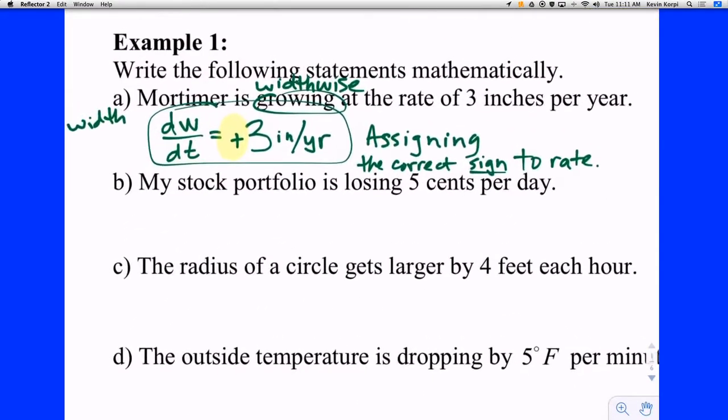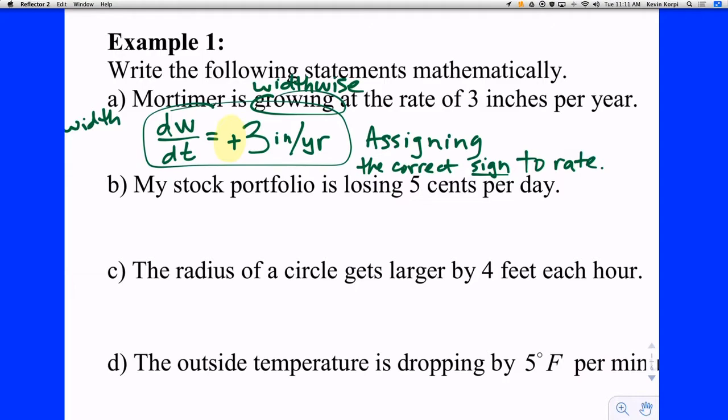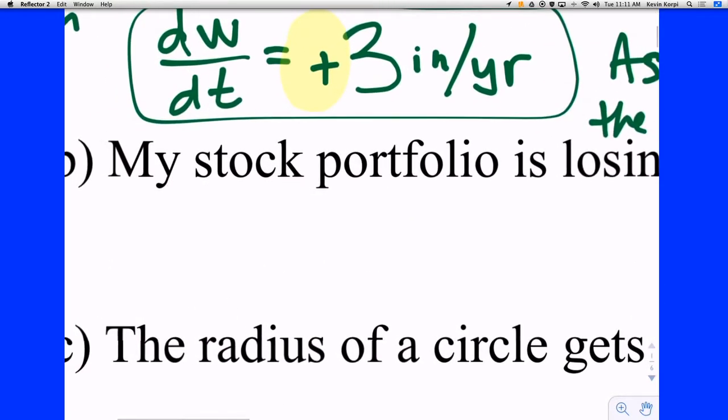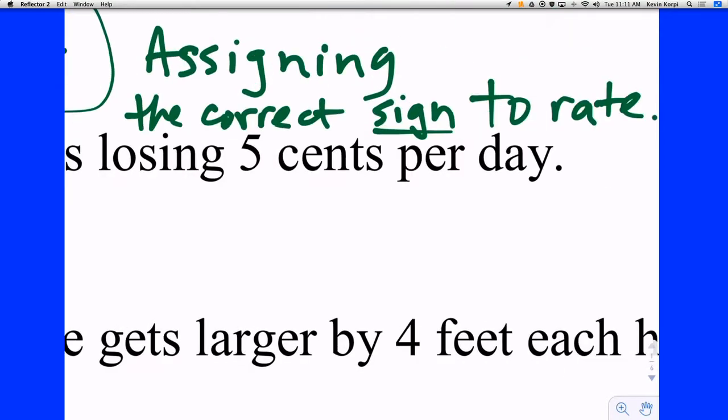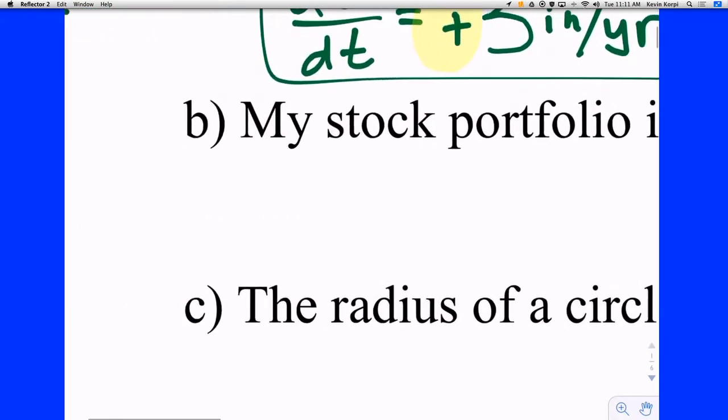All right, next one. My stock portfolio is losing 5 cents a day. Whew. I'm not going to change anything. I'm in it for the long haul. All right, so what's actually changing? The value, right? In coin units, what do you want to use? You want to use dollars or cents? Yeah, dollars.